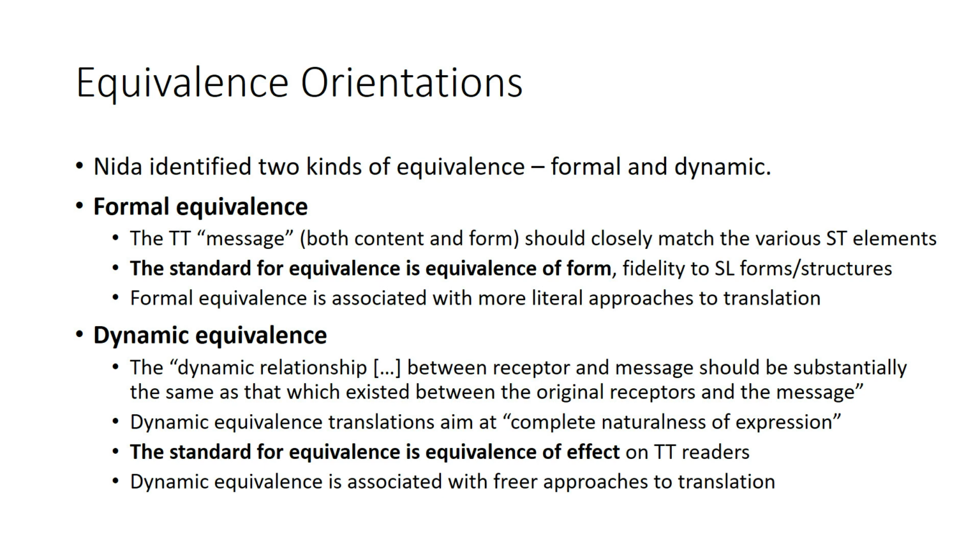So dynamic equivalence, since it's aiming for naturalness of expression, and it prioritizes the target language reader, is often associated with free translation or freer approaches to translation. So again, summarizing, Eugene Nida introduced two types of equivalence that we can aim for. Formal equivalence, which is equivalence of form, and dynamic equivalence, which is equivalence of the effect on the reader.